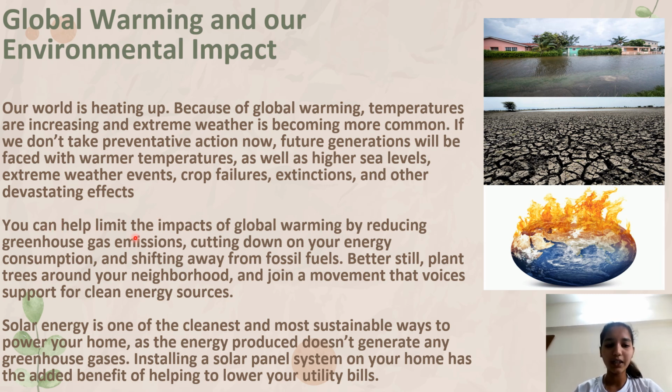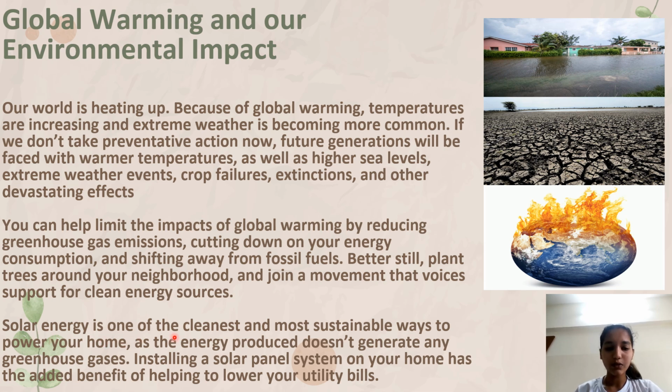You can help limit the impacts of global warming by reducing greenhouse gas emissions, cutting down on your energy consumption, and shifting away from fossil fuels. Better still, plant trees around your neighborhood and join a movement that voices support for clean energy sources.